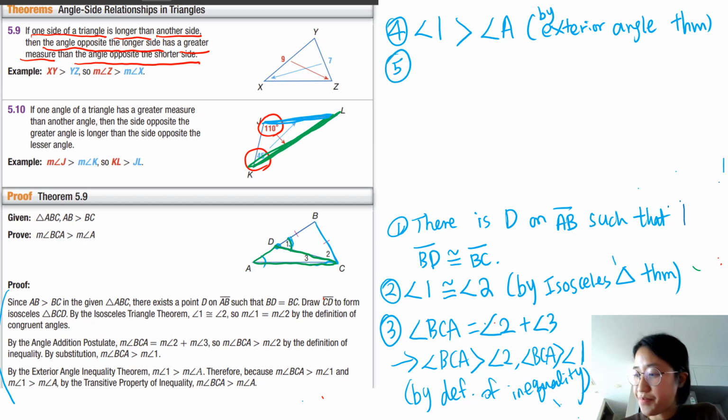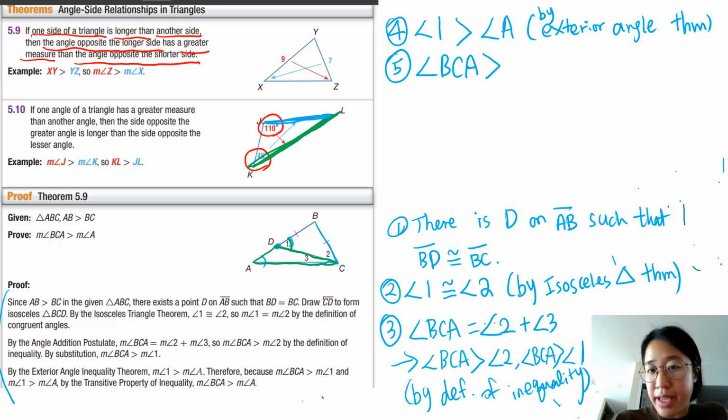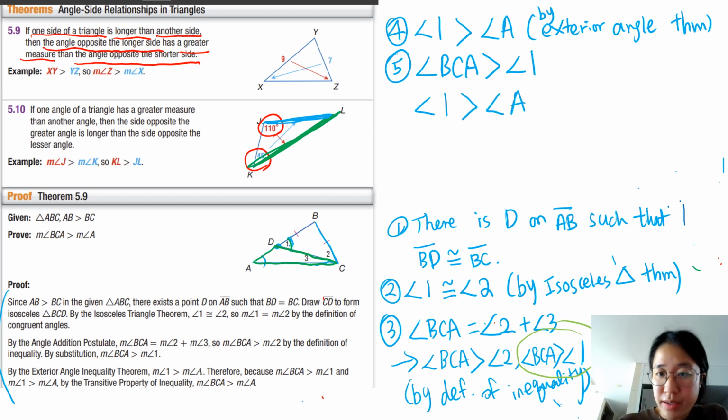All right. The last one says angle BCA is greater than angle 1, as we talked about it, number 3. Okay. And angle 1 is greater than angle A. Okay, so that was from number 3.